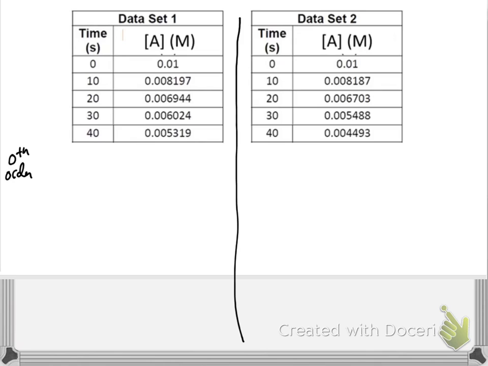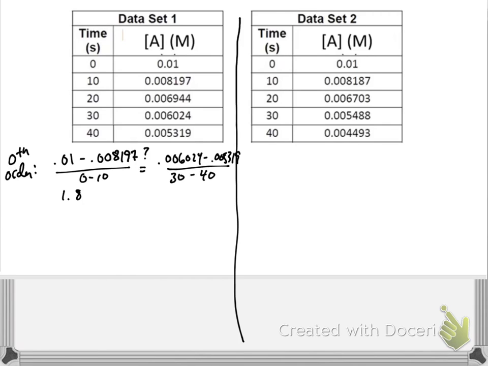Okay, so here's zero order. For zero order, we're looking at the linear relationship of concentration versus time. So we're asking, is the slope of concentration versus time the same at the beginning of the data set and at the end? And if we do that, we quickly find out that no, it is not zero order, because when we calculate the slopes, they are not the same in the data set.